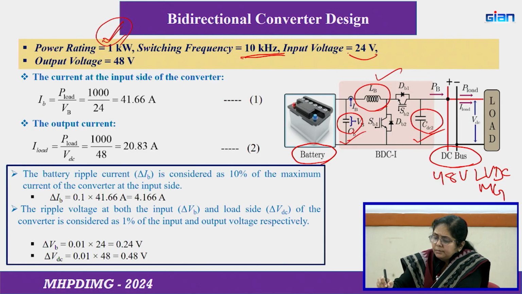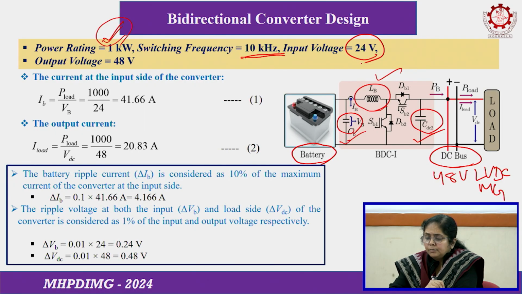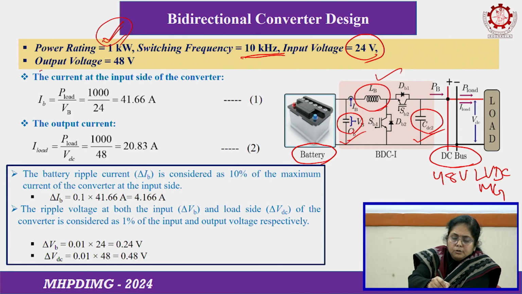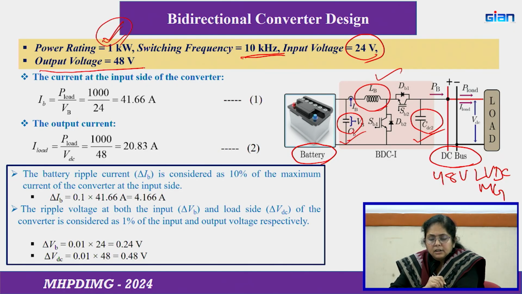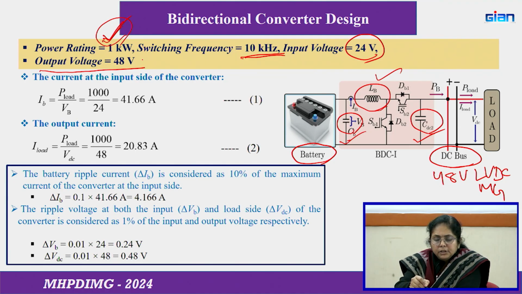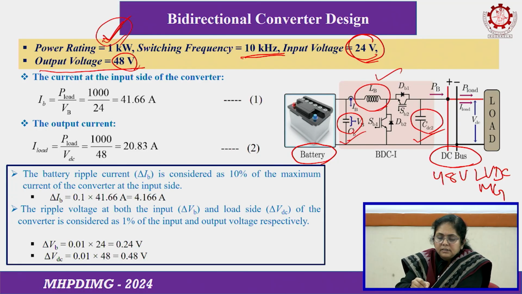We have chosen a battery input voltage of 24 volt, and as already told, the output voltage is 48 volt. As the power rating of the load is fixed, this is the battery voltage and this is the bus voltage.